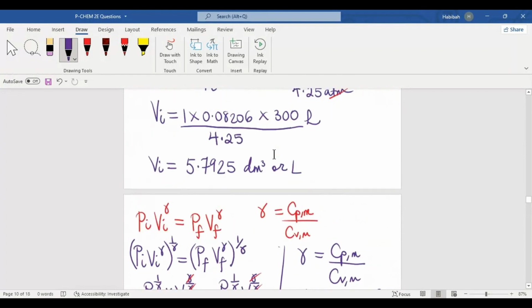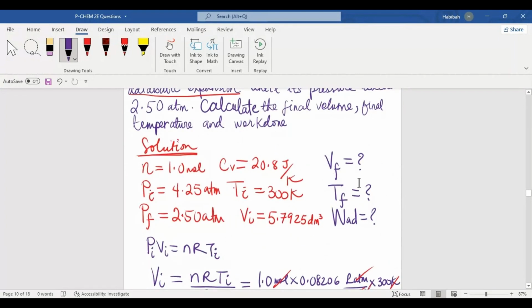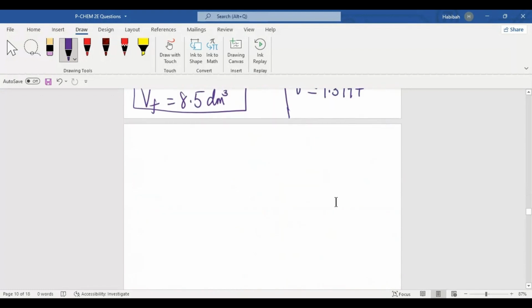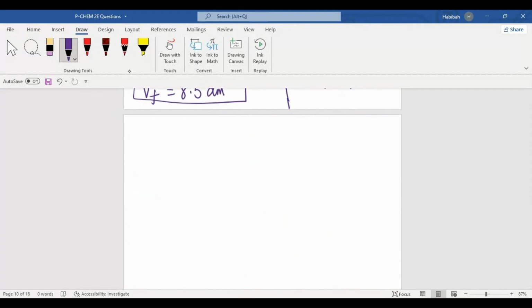The next thing you have to do, since you have found the final volume, is to find the final temperature, which is the second question to solve.